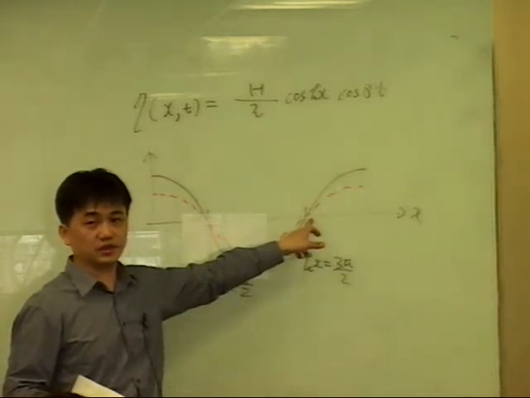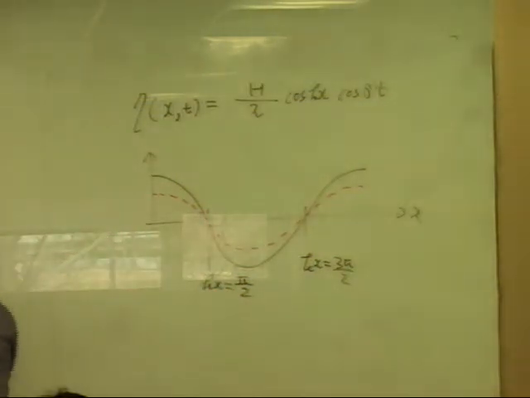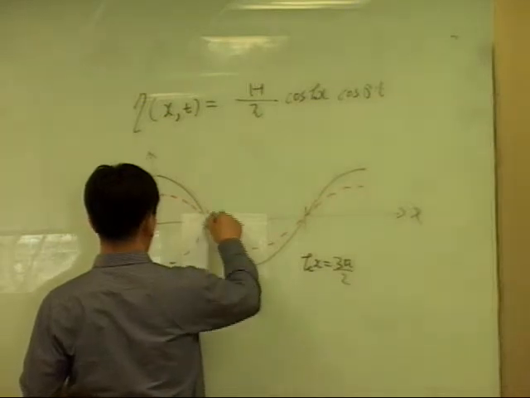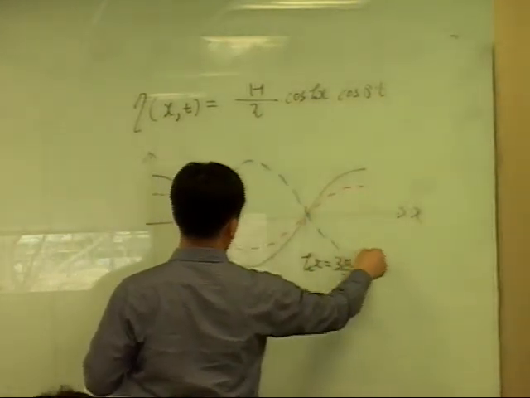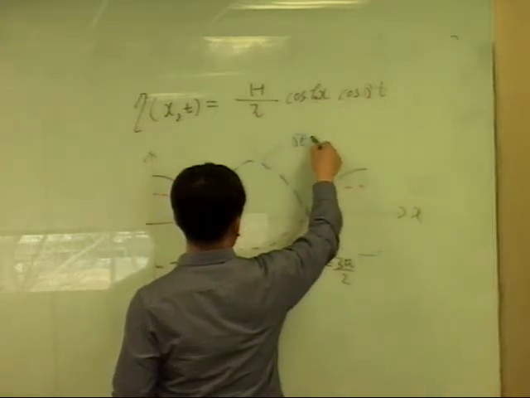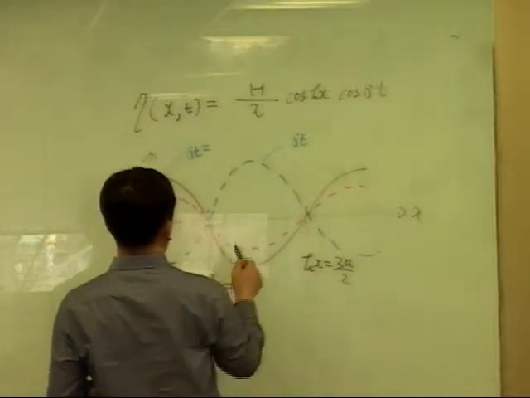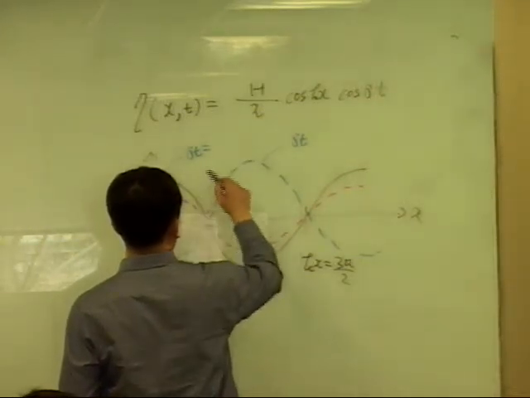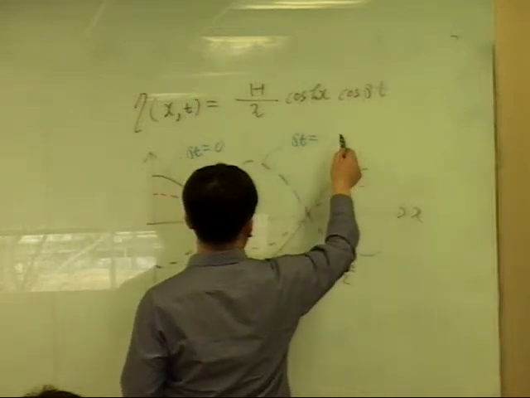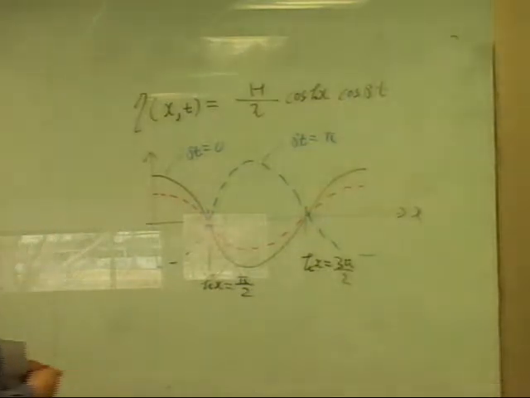The surface position is always 0. This is when sigma t equals 0, and when sigma t equals pi, something like that.